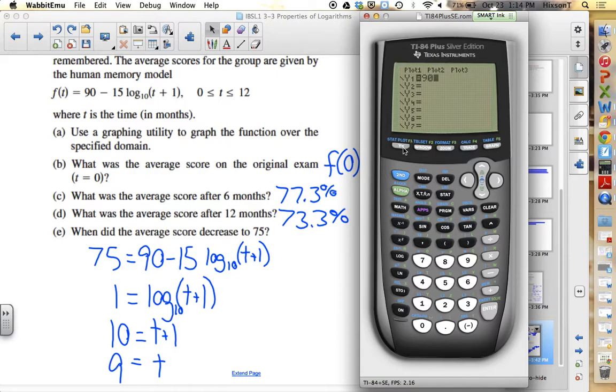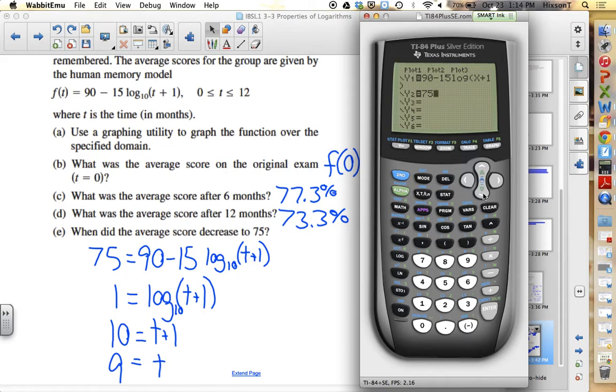I'm going to graph the original function, so 90 minus 15 log of x plus 1. Okay? I'm also going to graph a horizontal line at the value I want it to equal. So 75.